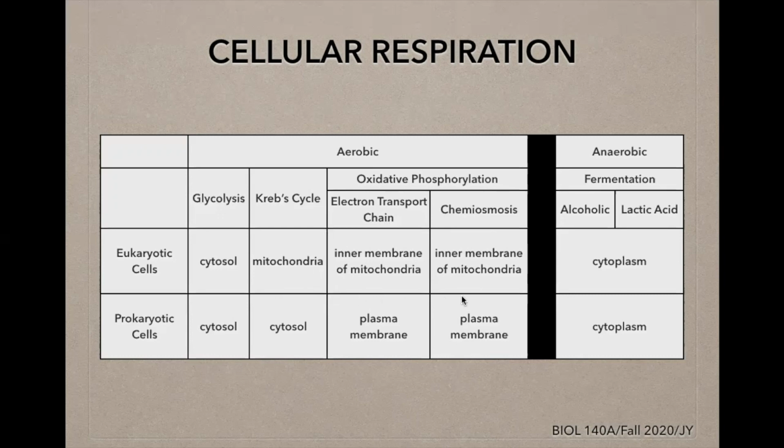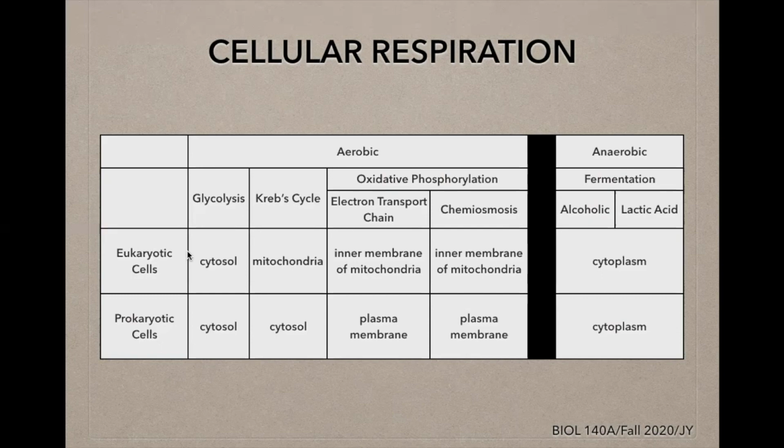Something to take away from this slide is that eukaryotic cells engage in aerobic cell respiration. And so both plant and animal cells will engage in cell respiration. Plants can engage in cell respiration, whether it is light or dark. However, plants can only engage in photosynthesis during light.